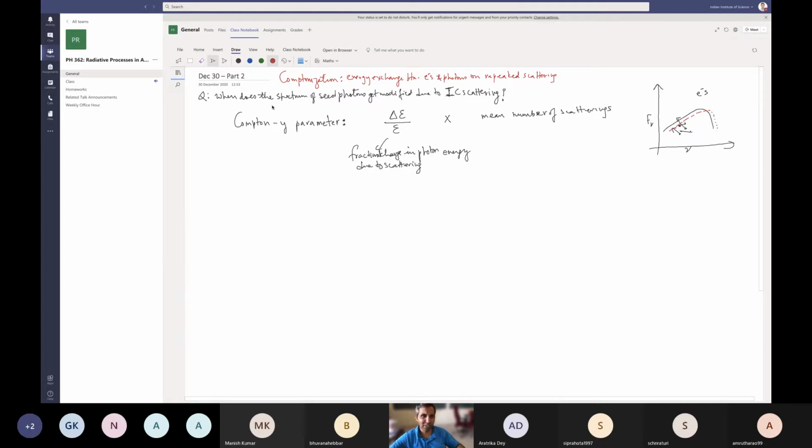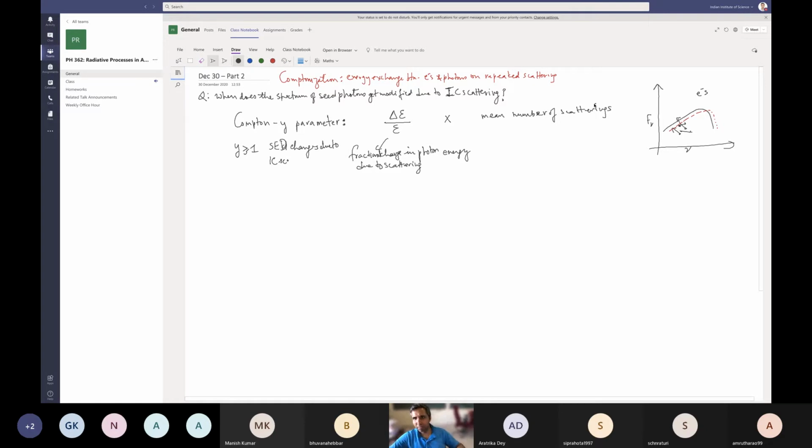And the answer is given by this Compton-y parameter. If y is of order greater than 1, then the SED changes significantly due to inverse Compton scattering.